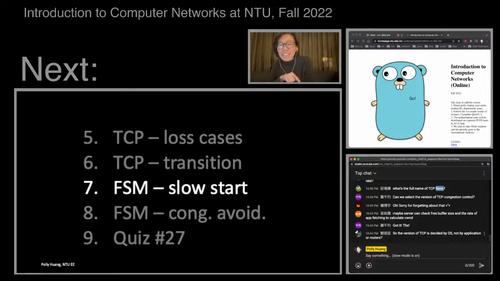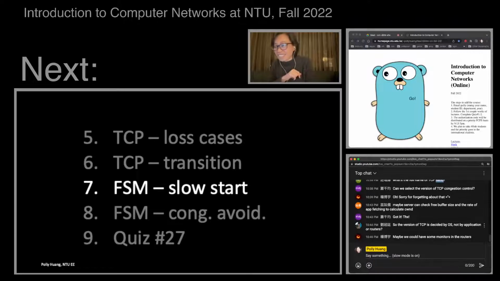We don't get to say, I want a TCP socket and I want the Tahoe version. Yeah, so it's actually decided by the OS, but I know that at least for Unix people, what we can do is to maybe load other versions of TCP, so that it works on top of the default kernel.